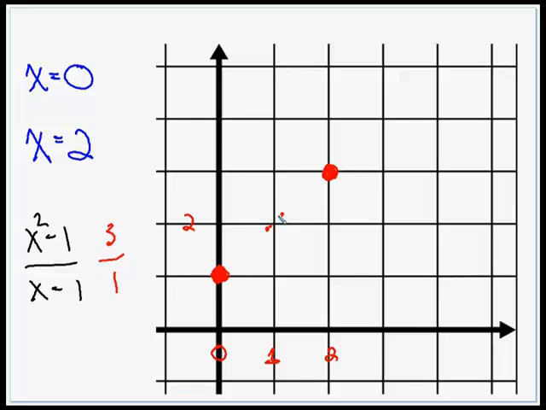And we plugged in numbers closer and closer to our x value of 1, and we got closer and closer to a y value of 2. But we know this graph right at this point, if we do plug in 1, it's undefined. There's a hole in the graph right here.